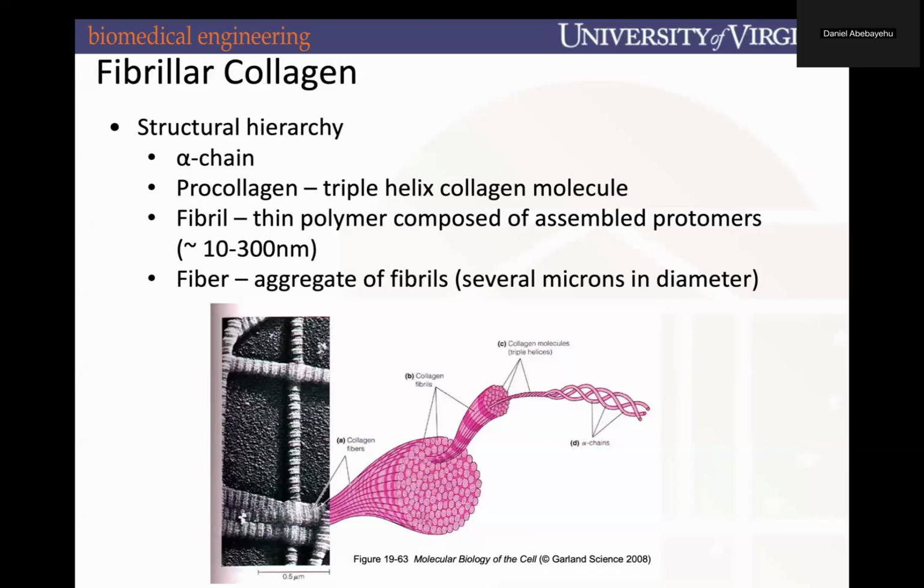But with collagen type 1, the fibrillar kind, which is what we're going to focus on in this slide, once that pro cap is gone, you're going to get the self-assembly end to end. Now we'll get to collagen fibrils. It's important to distinguish fibrils versus fibers. So once we get to fibrils, they're going to start associating laterally.